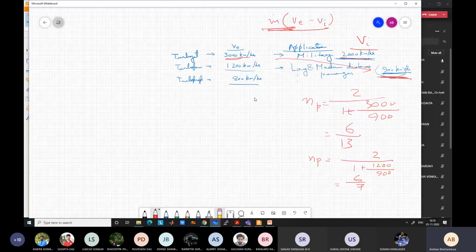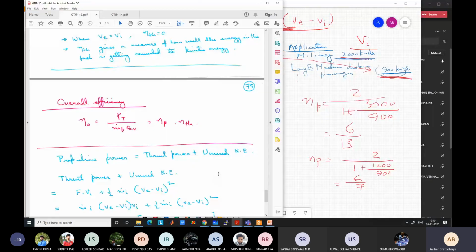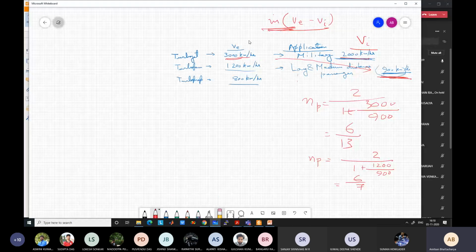But if you solve some problems later on, you will see that in this velocity range, the overall efficiency, which we have not yet defined, is the multiplication of thermal efficiency and propulsive efficiency. This overall efficiency itself is higher for the turbofan engine. So it is better to design turbofan engines. Even if you have a turbojet with 1200 kilometers per hour exhaust velocity, the efficiency of the turbofan will be better compared to the turbojet.